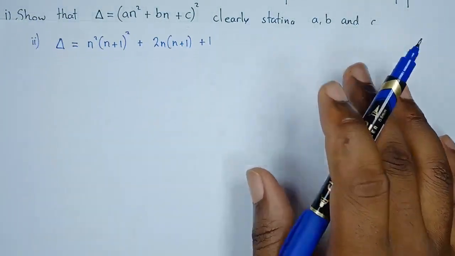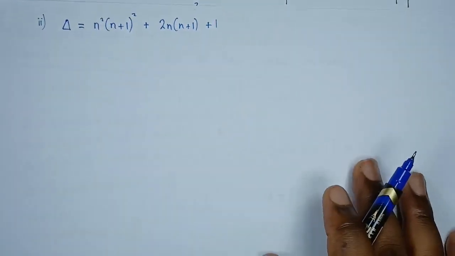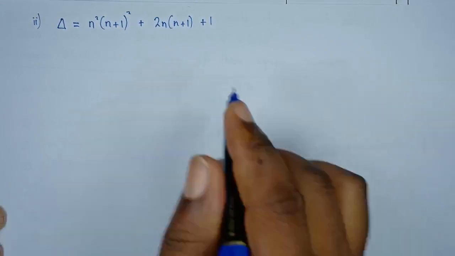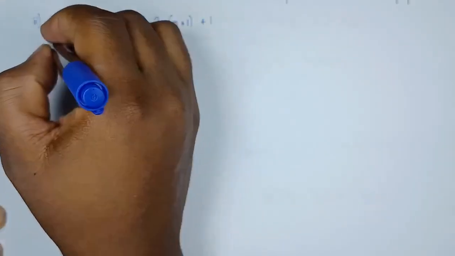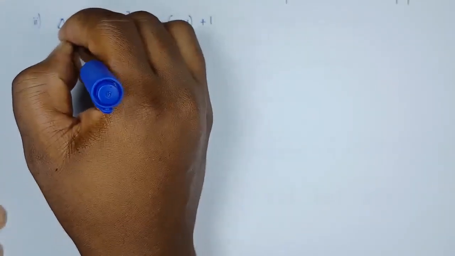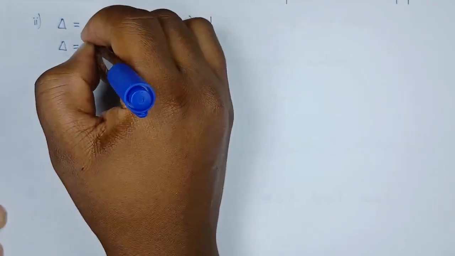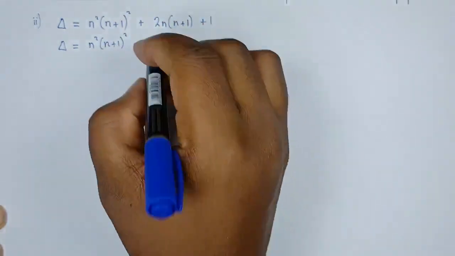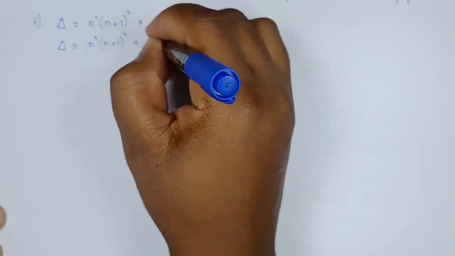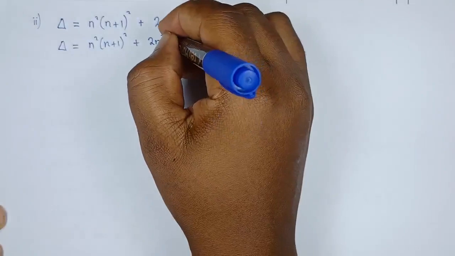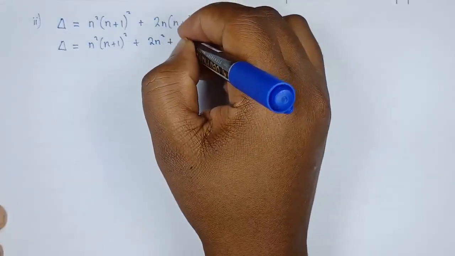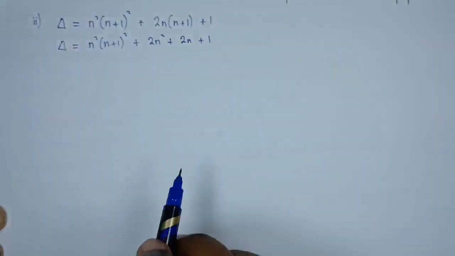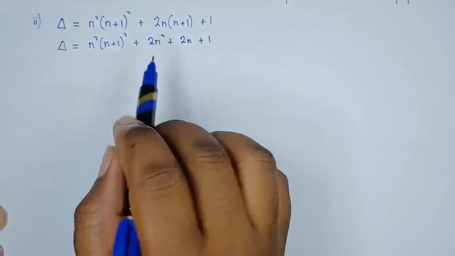Okay. So now that we have this, how can we proceed from here? So it's important to note that the first thing we can do is we can expand. So we can say the determinant is given by n squared, n plus 1, brackets. We expand here, hence we obtain 2n squared, plus we expand here, we obtain 2n plus 1. This 2n squared, let's separate it.